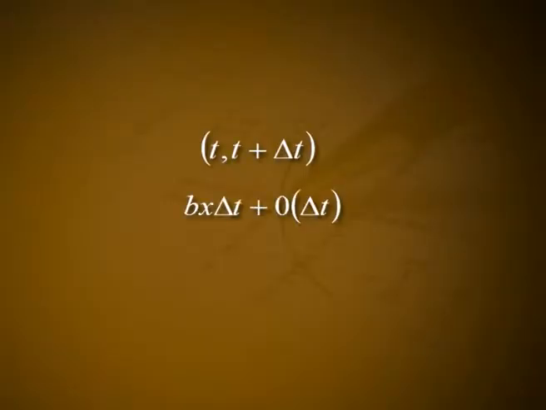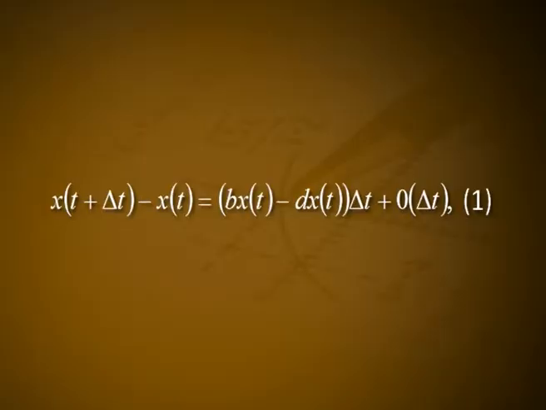Then in the time interval t, t plus delta t, the number of births and deaths would be b x delta t plus o(delta t) and d x delta t plus o(delta t), where o(delta t) is infinitesimally small and approaches 0 as delta t approaches 0.